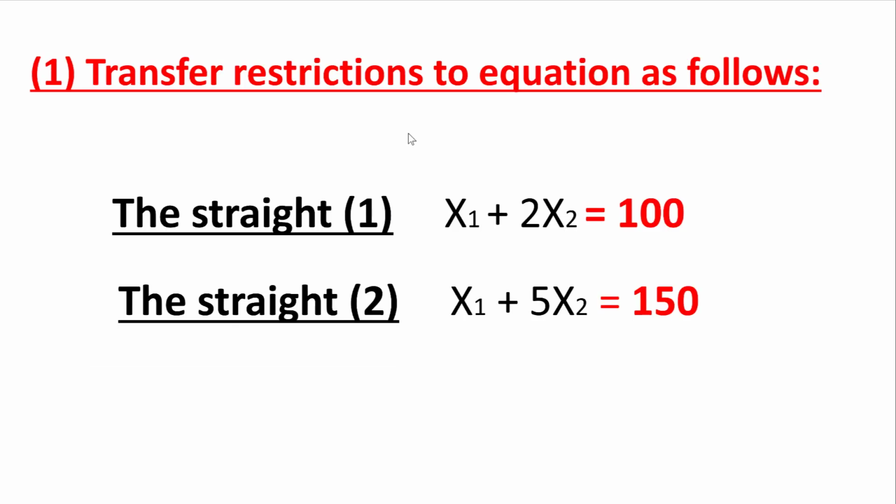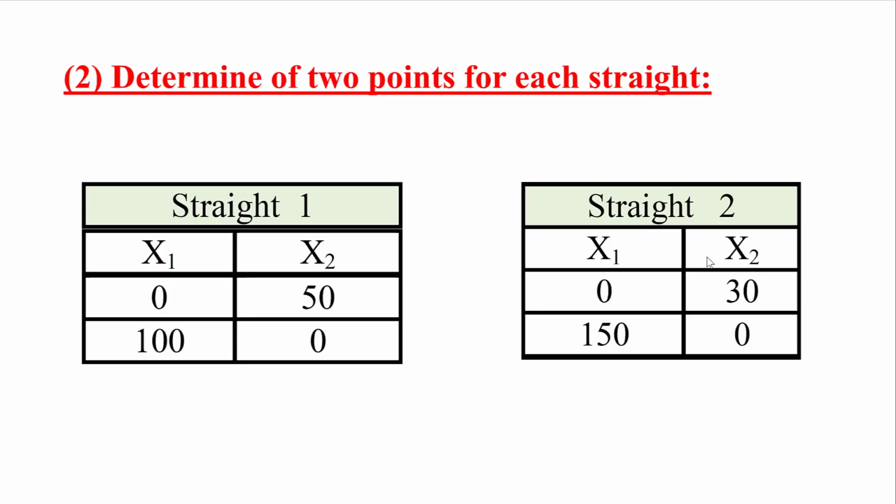So the first step is to transfer all the restrictions or inequalities to equalities, and the second step is to determine 2 points for each constraint or straight, as we did.